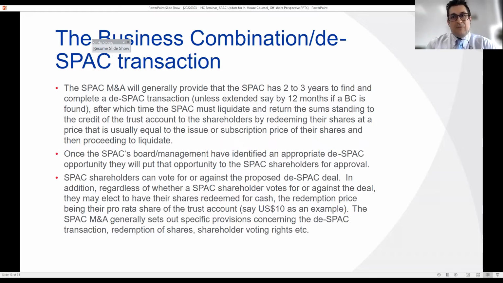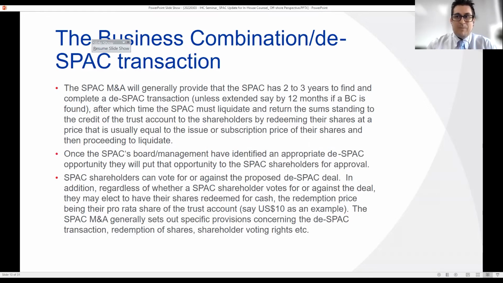In terms of what shareholders can do, shareholders have the options to do a couple of things. They can vote for the de-SPAC transaction, and they can elect to be part of the de-SPAC company, successor company, or target business once the de-SPAC transaction has occurred, in which case the monies that are attributed to their shares that are held in the trust account will be deployed towards that transaction, and the shareholders will become owners of whatever the post-business combination structure happens to look like.